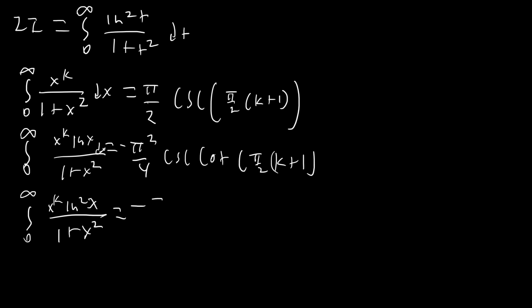We're going to end up with negative, or I guess positive now, pi cubed over 8 times cosecant cot squared of pi over 2 times k plus 1. But in this case, again, when we plug in k equals 0, we're just going to get pi over 2, and cot squared of pi over 2 is 0. So that's just going to go to 0. And our other term is going to be the same thing we saw before, cosecant cubed of pi over 2 times k plus 1.